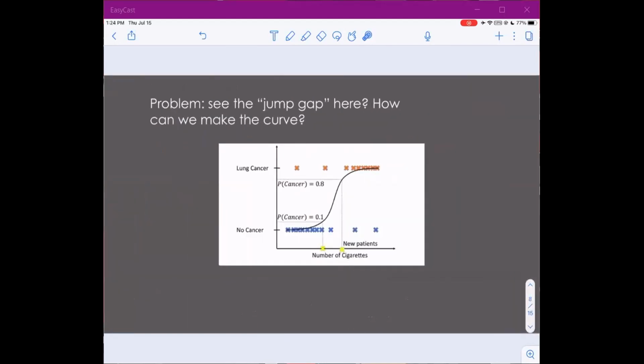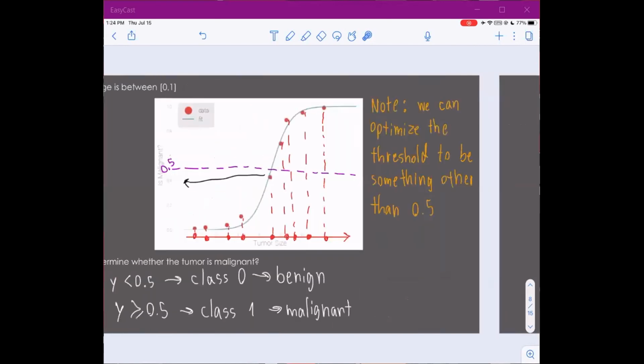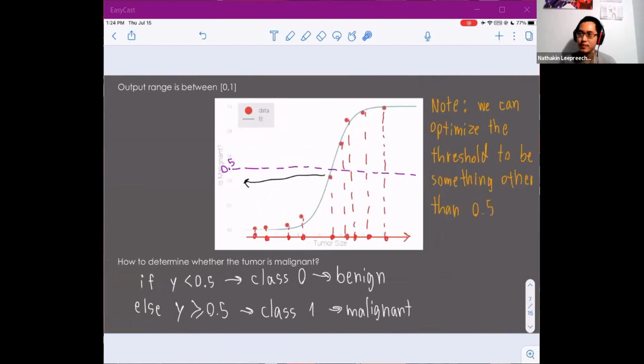Oh wait, is the threshold usually just the average, the middle value?